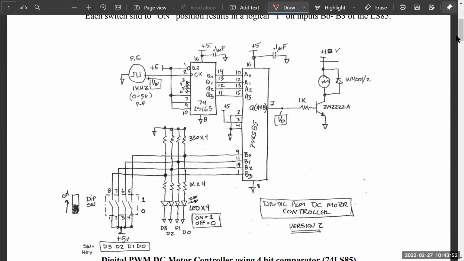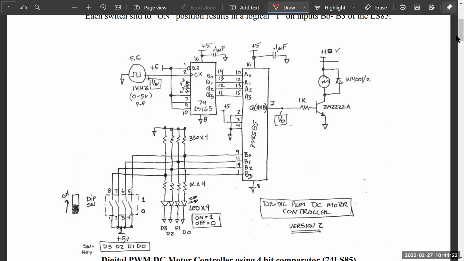And hence that motor is driven by this transistor, 2N2222, which can supply that large amount of current to the motor. Now, we are going to operate the transistor in cutoff or saturation mode. That is the output of this chip right there, VO.